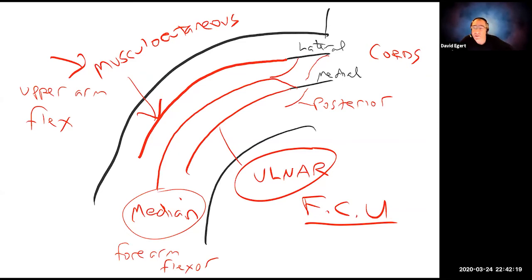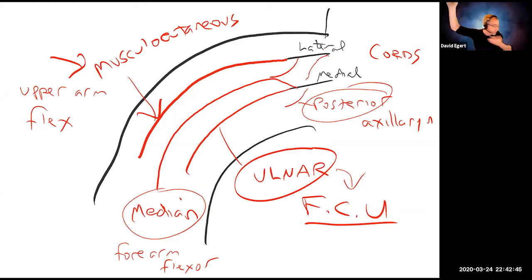So whatever trick you want to remember. Ulnar nerve is mainly flexor carpi ulnaris, as well as the medial portion of the flexor digitorum, but the other forearm flexors are median nerve. The posterior cord goes behind, it becomes axillary nerve, which goes under your arm, does again deltoid. I think teres, I should double check.